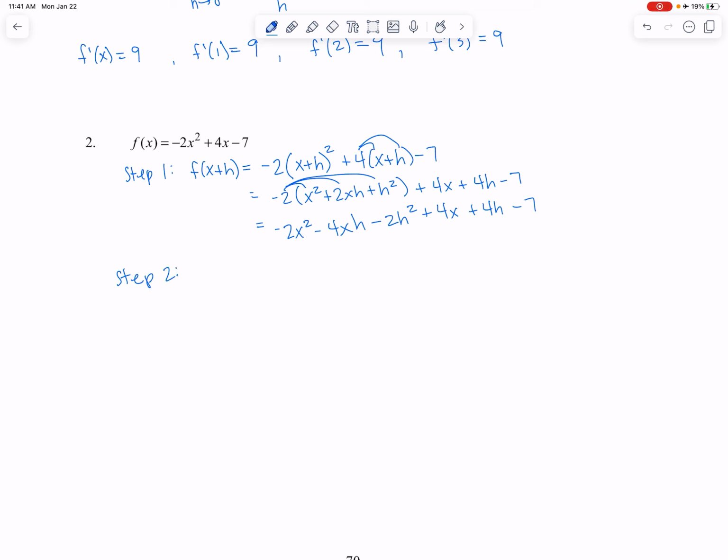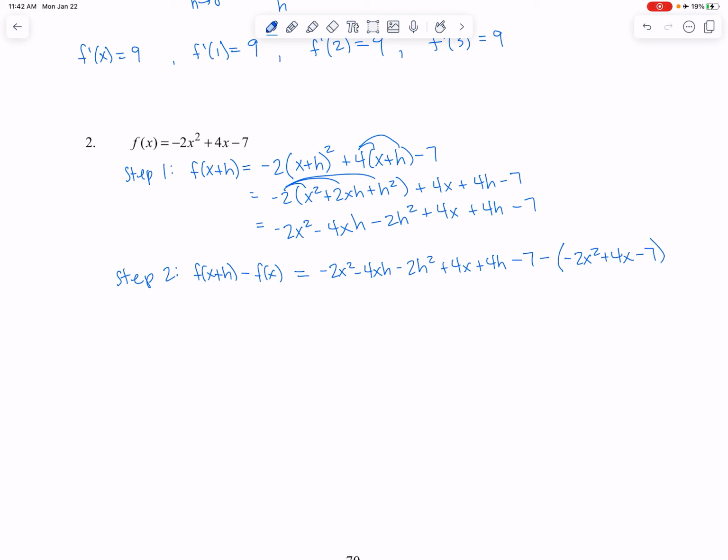Step 2. f of x plus h minus f of x. So negative 2x squared minus 4xh minus 2h squared plus 4x plus 4h minus 7, and we subtract our original, negative 2x squared plus 4x minus 7.